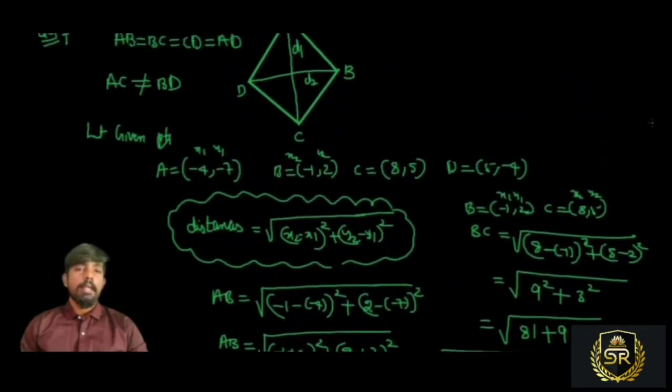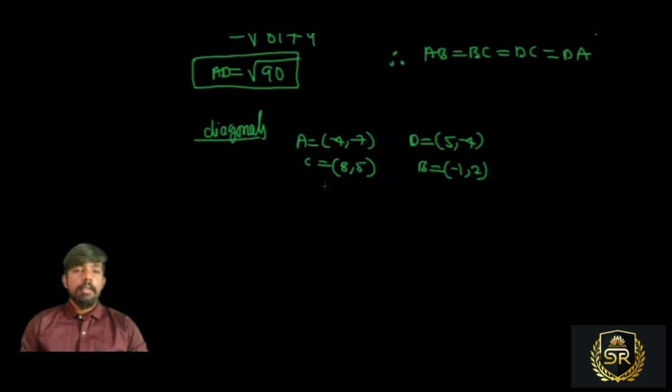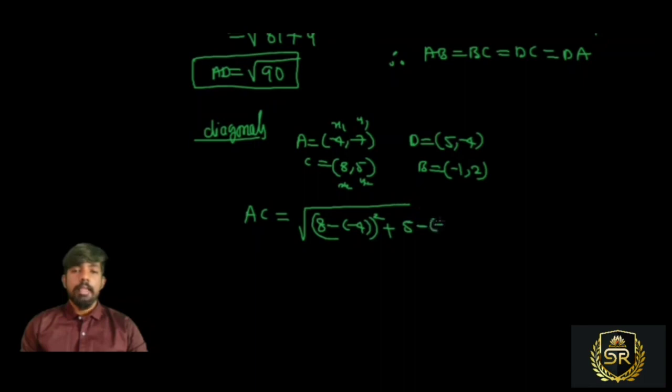The diagonals are AC and BD. First find the AC diagonal. This is x1, this is y1, this is x2, this is y2. Root over x2 minus x1, 8 minus of minus 4 whole square, plus y2 minus y1, 5 minus of minus 7 whole square. So root over 8 plus 4 is 12, 12 square, plus 5 plus 7 is 12, 12 square.